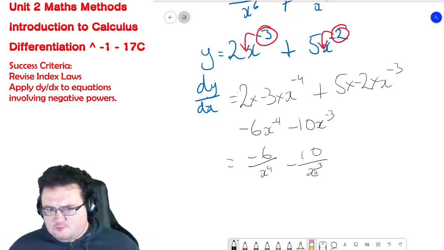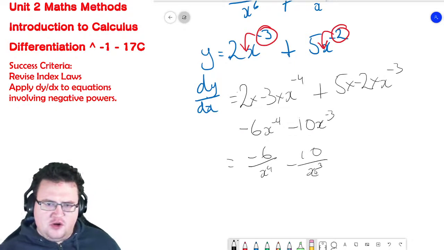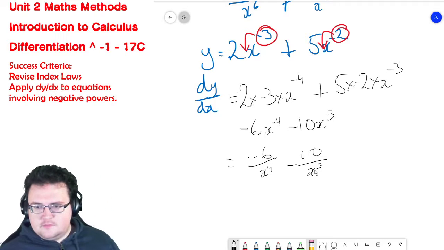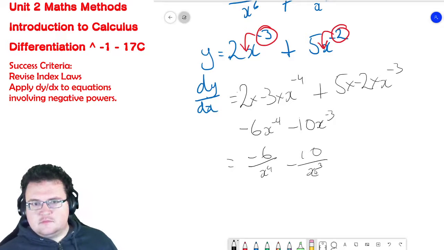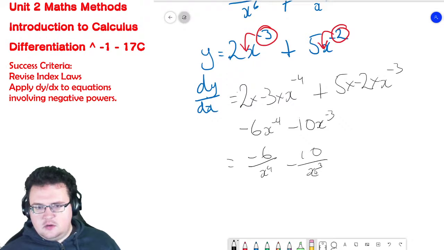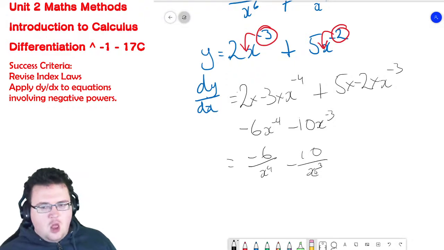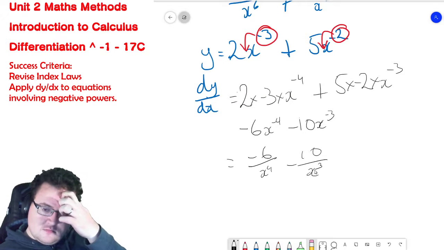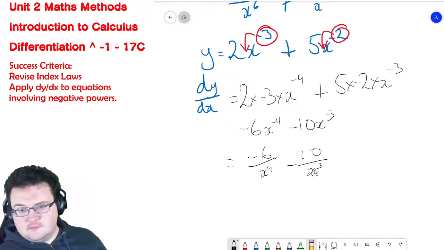By the way, guys, are there going to be asymptotes on this if we were to graph this? Am I going to have asymptotes anywhere if I were to draw these? Yes. Where are those asymptotes going to be? What can't I have as a value for x?